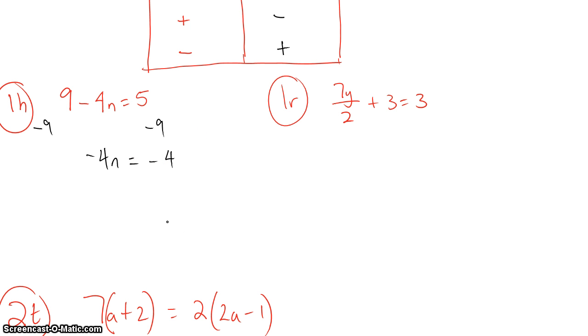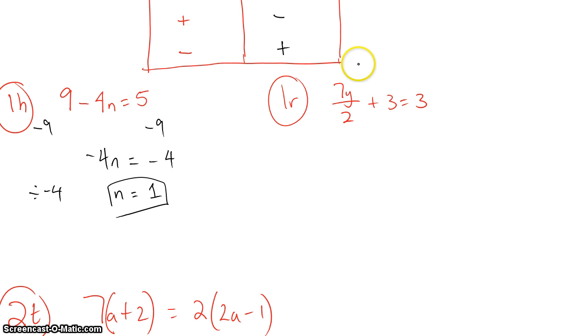Now I'm going to divide both sides by -4, because n is being multiplied by -4, and I get the answer n equals 1. I can go back and check that I get the right answer. You can almost guarantee yourself full marks in this test, because you can substitute that number back in and prove that it's correct.